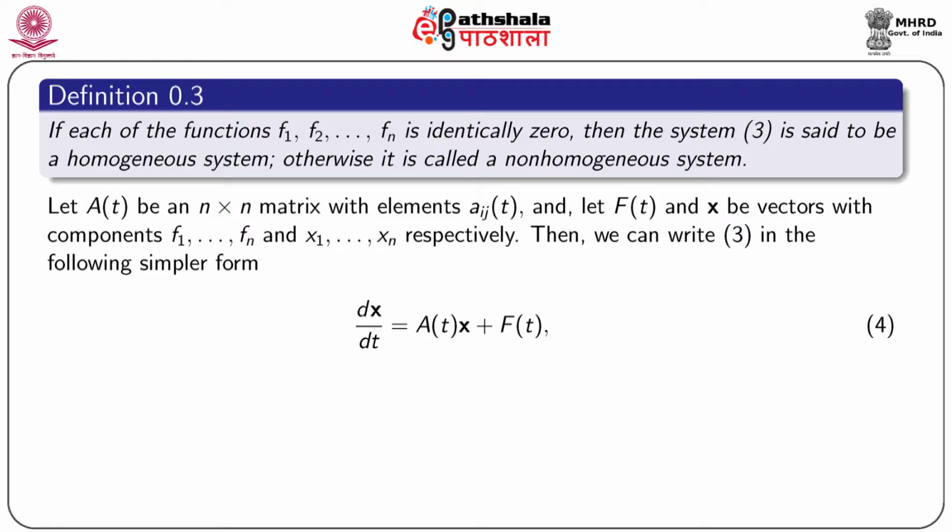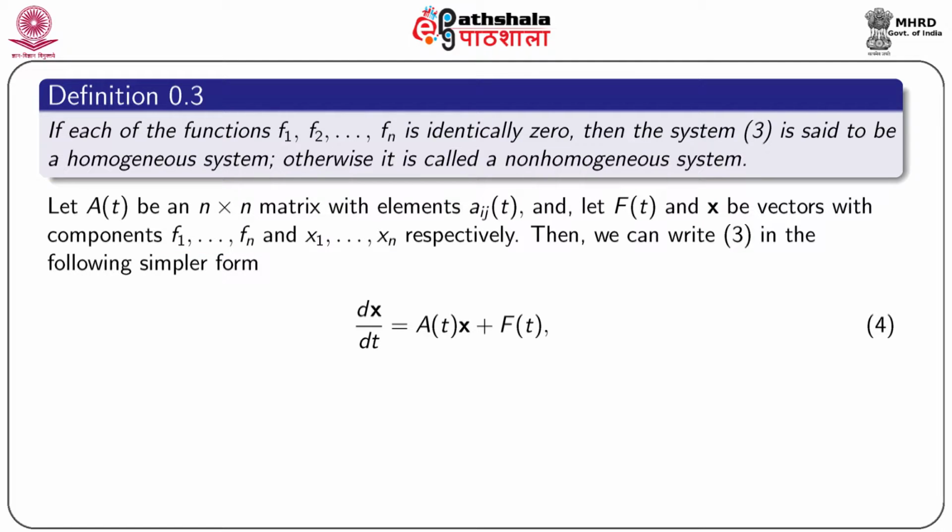Let capital A be an n cross n matrix with elements aij, which are functions of t, and let F(t) and x be vectors with components f1, f2, ..., fn and x1, x2, ..., xn respectively.